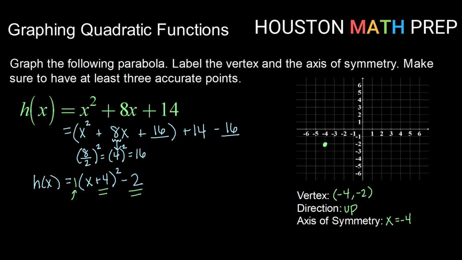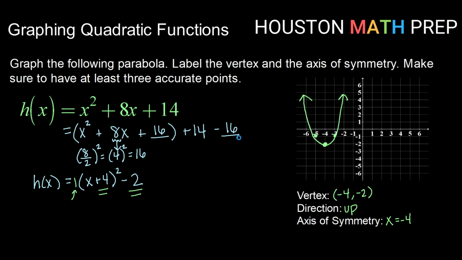So to the right one, up 1, to the left one, up 1. Now I've got my 3 accurate points. I can come in and using that same normal parabola shape, go ahead and connect through. All right, so that's method 1. Use completing the square to turn it into an equation in vertex form, and then graph from there.